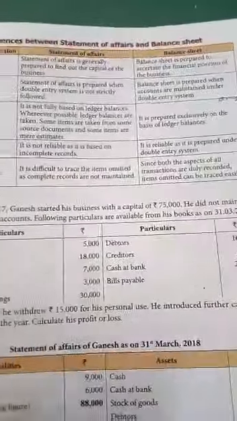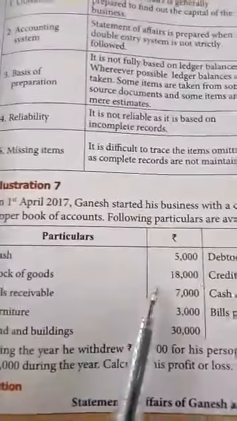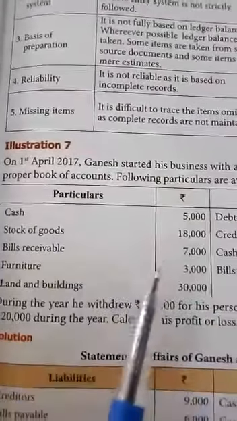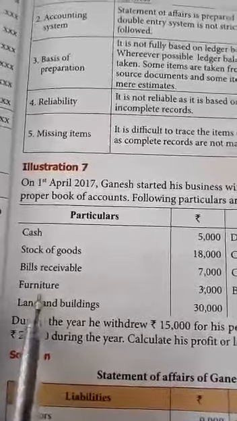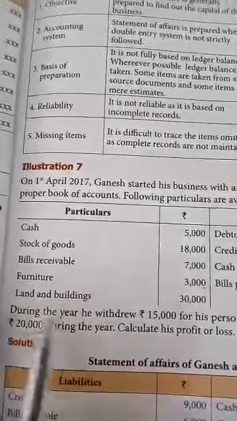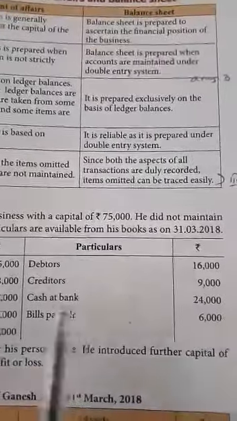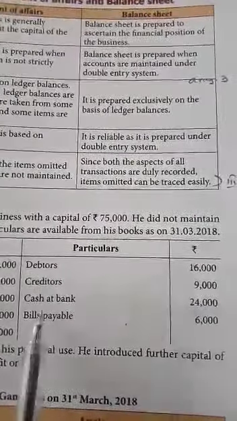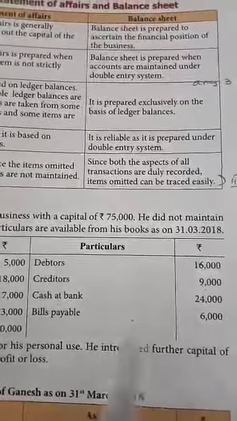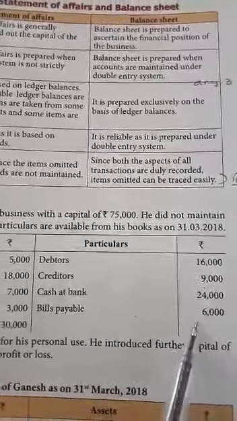So these are the particulars: cash 5,000, stock of goods 18,000, bills receivable 7,000, furniture 3,000, land and building 30,000, debtors 16,000, creditors 9,000, cash at bank 24,000, bills payable 6,000.